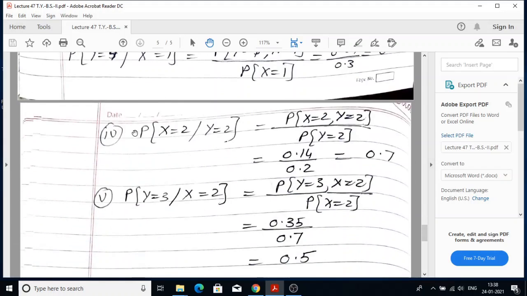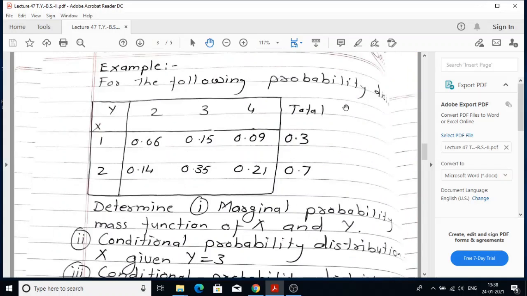In the fourth part, we have to find probability x is equal to 2 given y is equal to 2. So according to the definition of conditional probability, we can write this as probability x is equal to 2, y is equal to 2 divided by probability y is equal to 2. X is equal to 2 and y is equal to 2, the probability is 0.14.